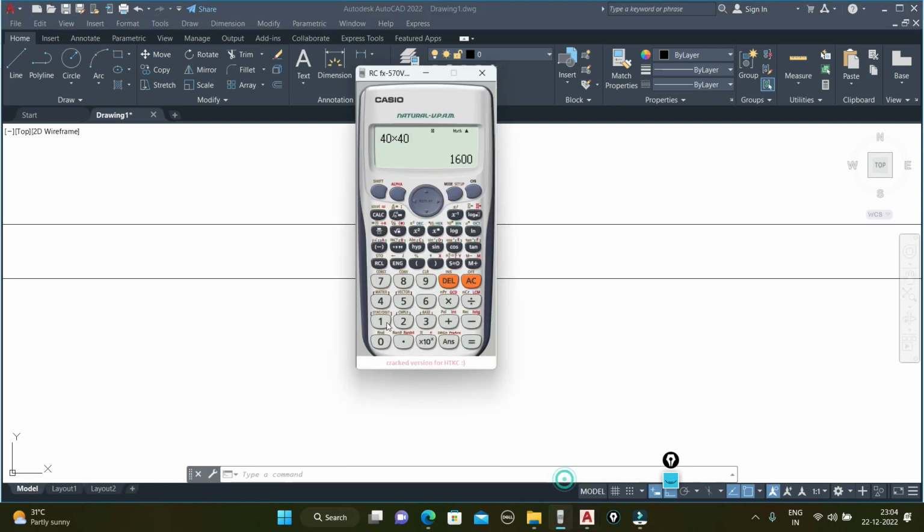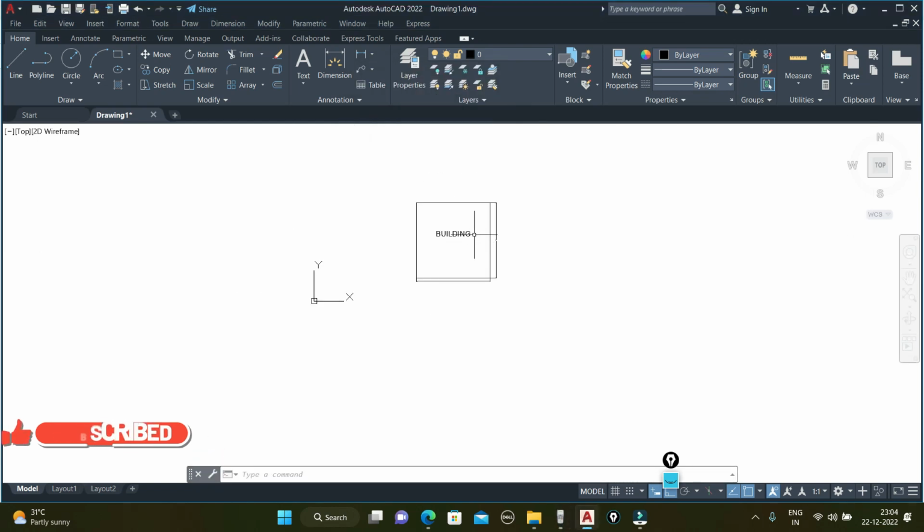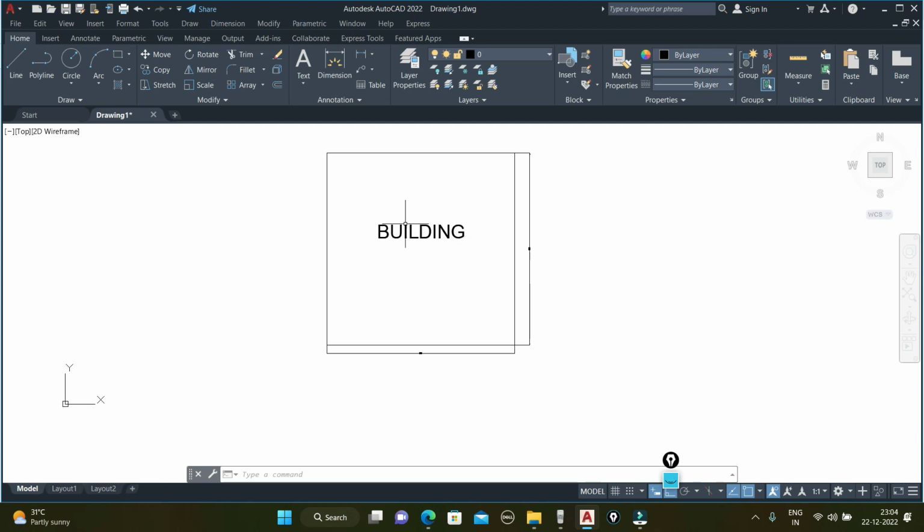It means the total is 10,000 square feet for designing the firefighting system. In this area we have to design, but in designing we will not consider all this 10,000 square feet.